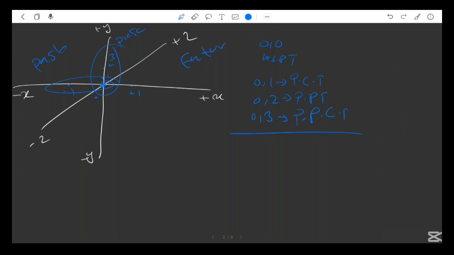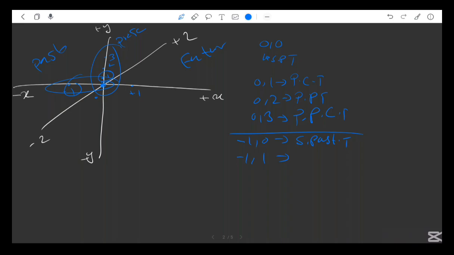We have -1 and 0, right? -1 and 0 is the simple past tense. -1 and 1.